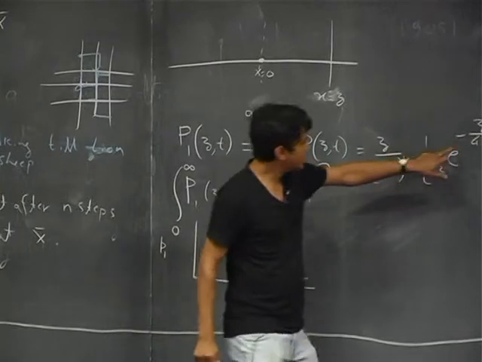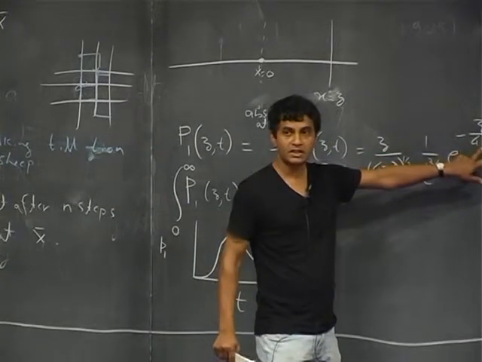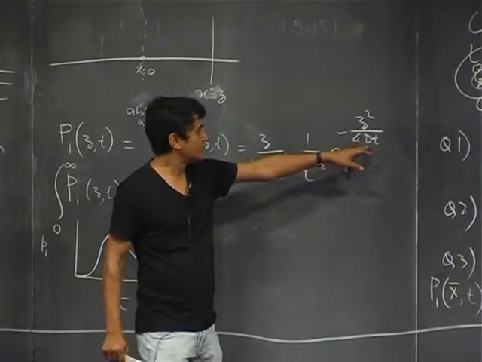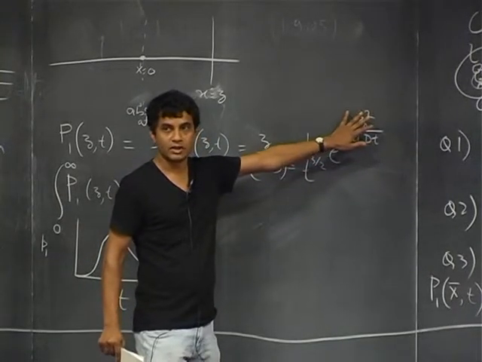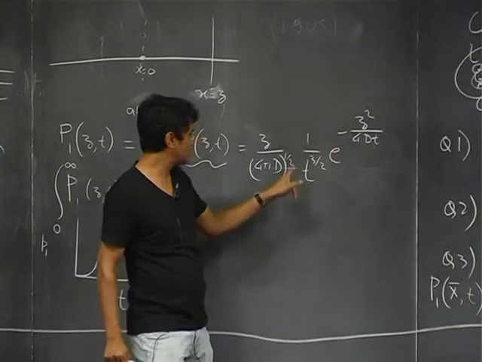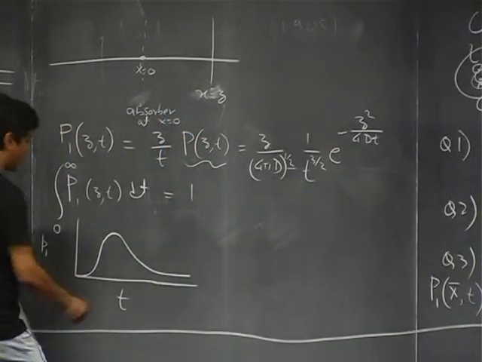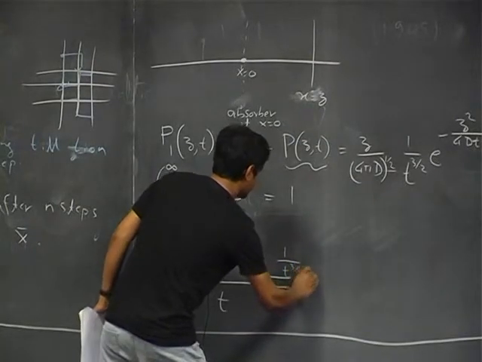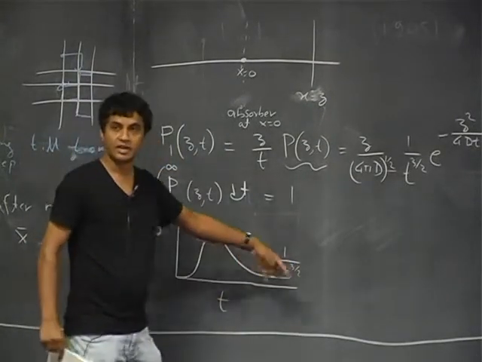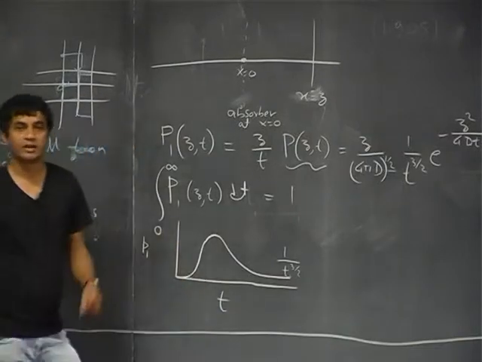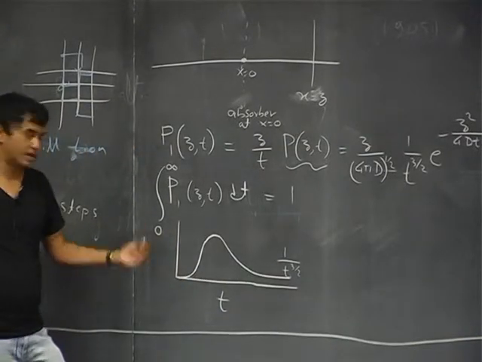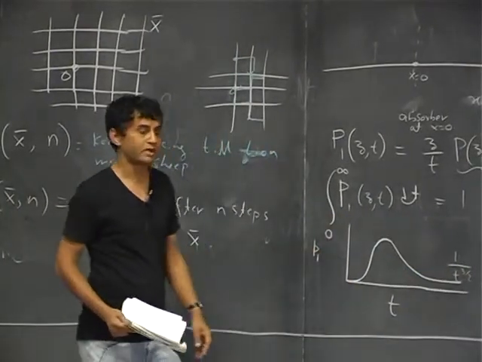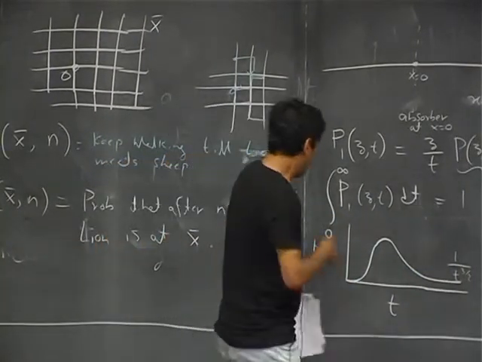At times greater than z squared by D, which is the diffusion time scale, this factor goes to 1. So it's just 1 by t to the power 3 by 2. The long time decay is just 1 by t to the power 3 by 2. This is an important result to remember: at long times the probability of returning between times t and t plus dt goes as 1 by t to the power 3 by 2.